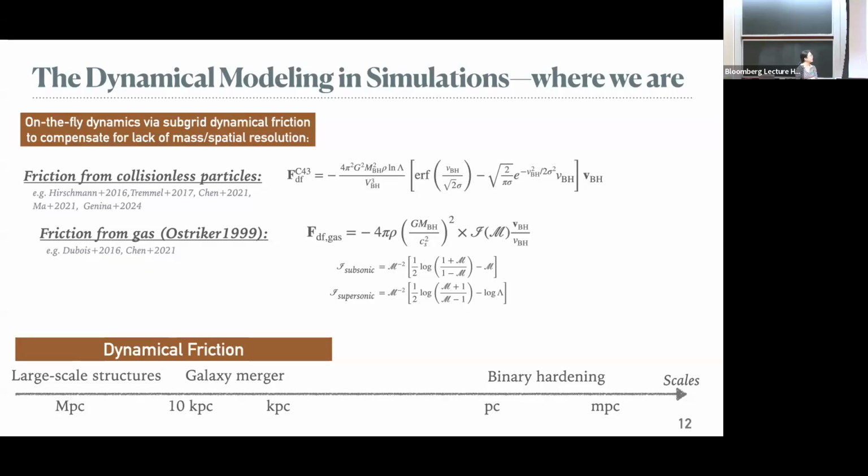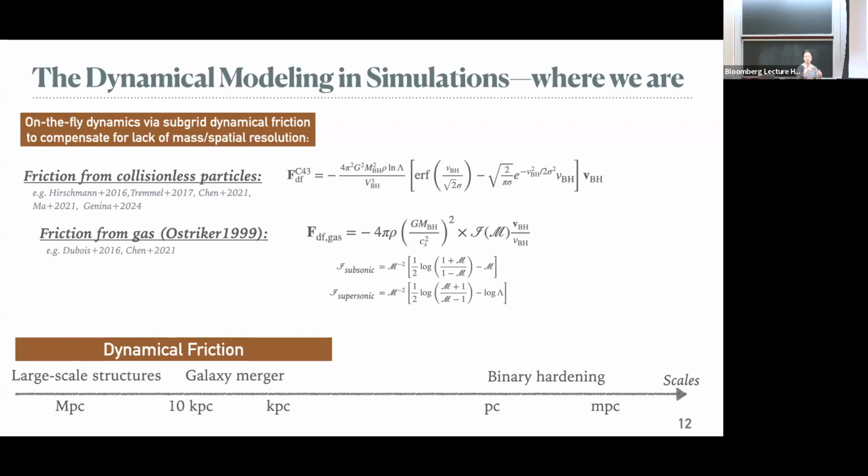Yes, I agree. I would say that the very inner cusp of the center, the profile, we really cannot model very well anyway, because of the softening in other particles. This is a physically motivated model, but you can see there's a Coulomb logarithm, and we understand that it's tricky to apply this idealized treatment to simulations.